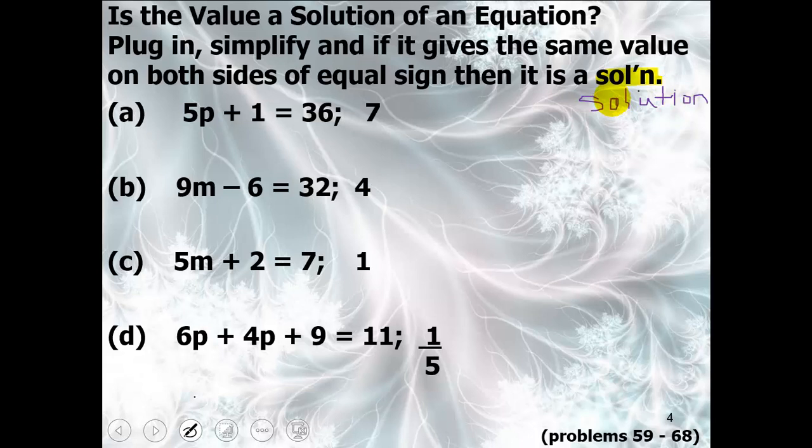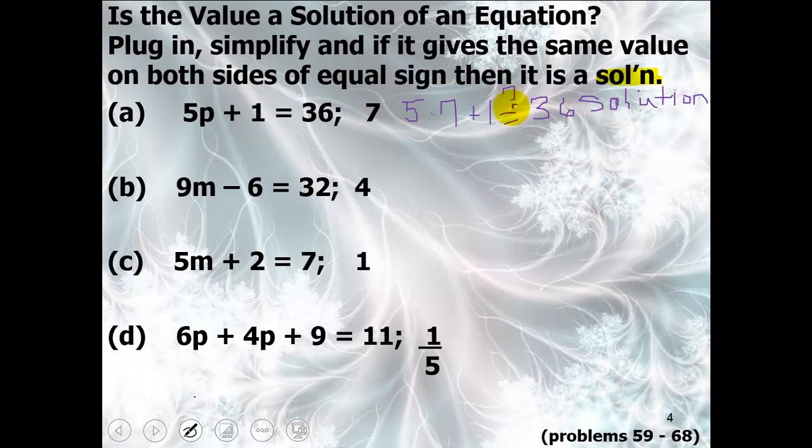We want to determine if 7 is a solution to 5p plus 1 equals 36. My first step is to plug it in. So I have 5 times 7 plus 1, and I want that to equal 36. I'm checking to see if it does.